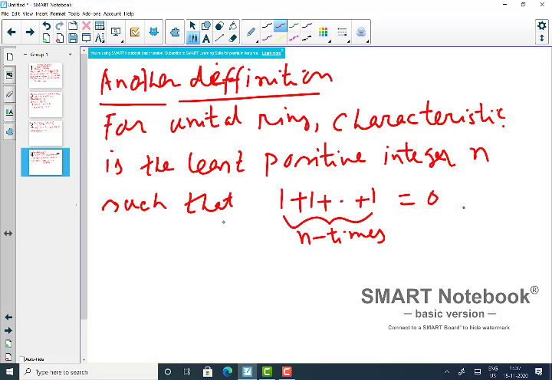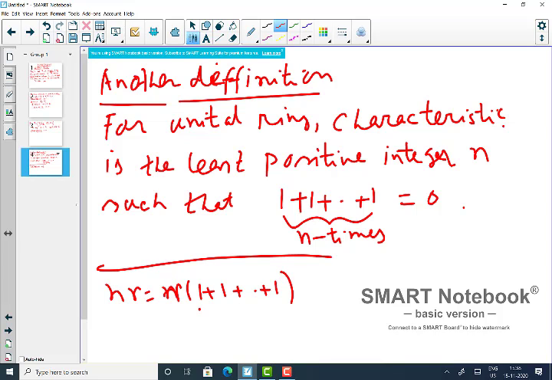You can easily write down both ways. Like you write n into r equals r times 1 plus 1 plus 1, n times. You know this is 0, so n r equals 0.